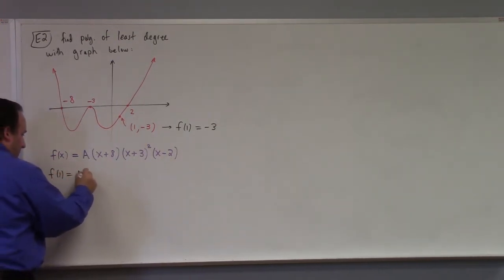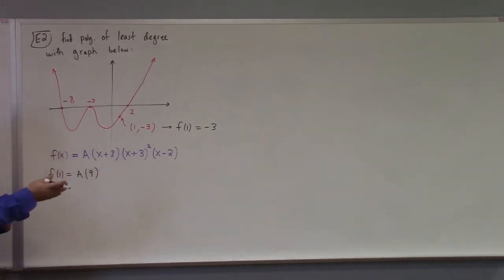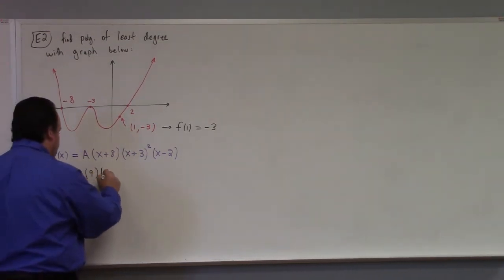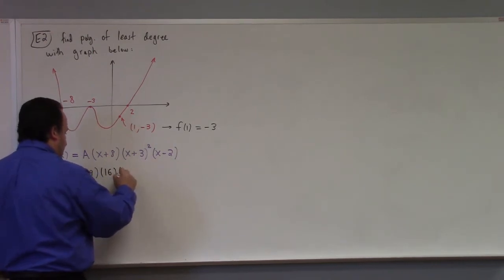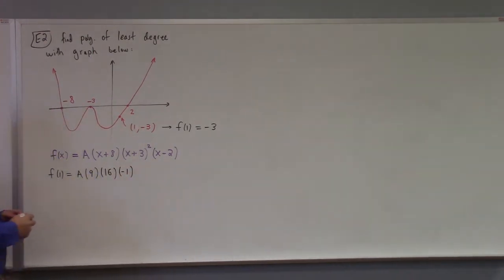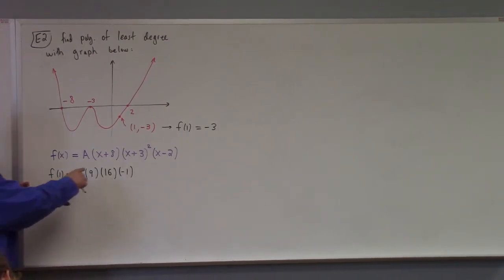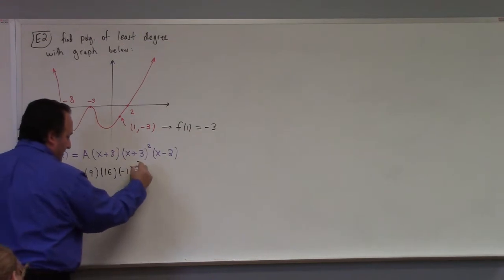It's equal to a times 1 plus 8, which is 9, times 1 plus 3 squared, which is 16, times 1 minus 2, which is minus 1. Does everyone understand? Yes, you're putting the 1 into x. We have to evaluate the function at 1.